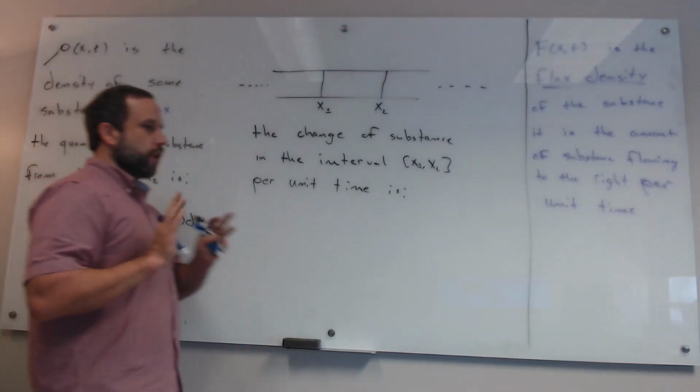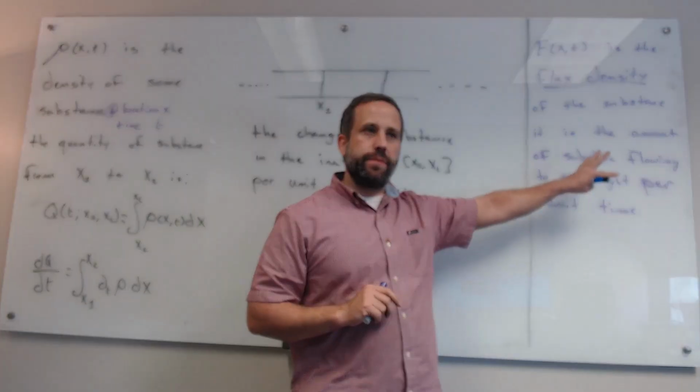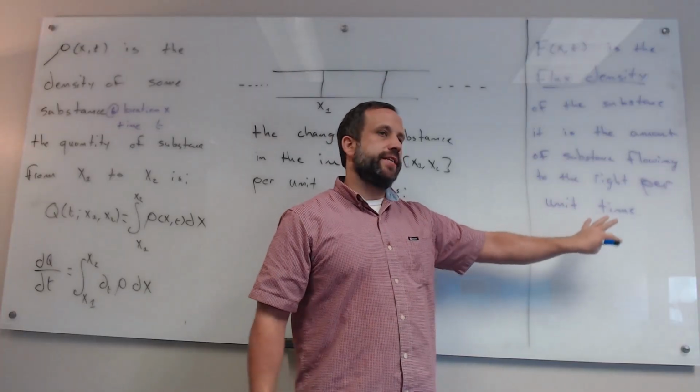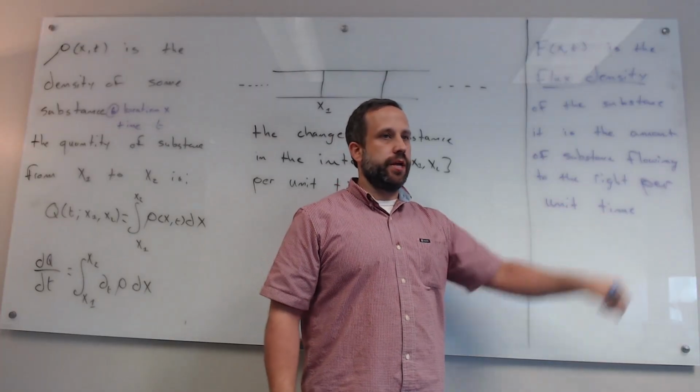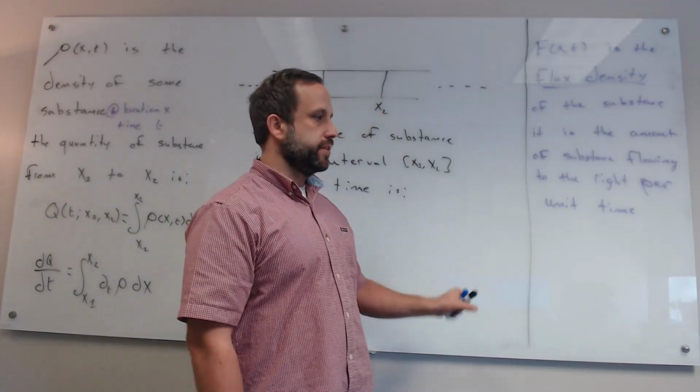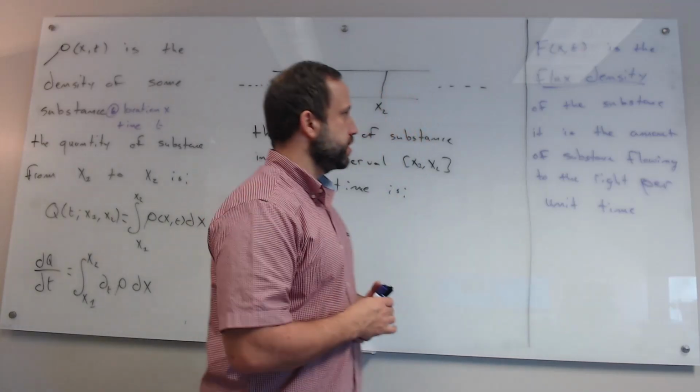Now, the reason we call it density, this doesn't really seem like it should be called a density here. The reason we call it a density is because it will be more like a density when we look at the diffusion equation in 2 dimensions. Now we're just doing the diffusion equation in 1 dimension.